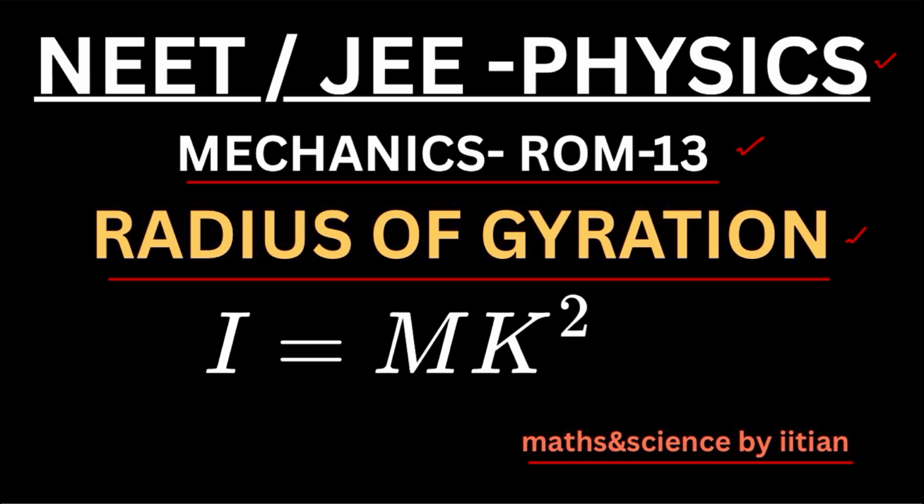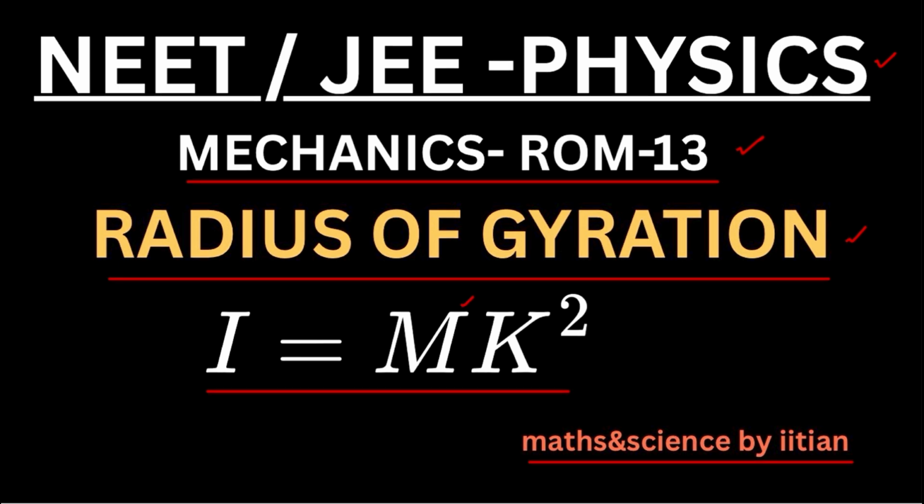Now we will be talking about the radius of gyration, from which we can say that moment of inertia is equal to mass times k squared, I is equal to mk square, where k is the radius of gyration.